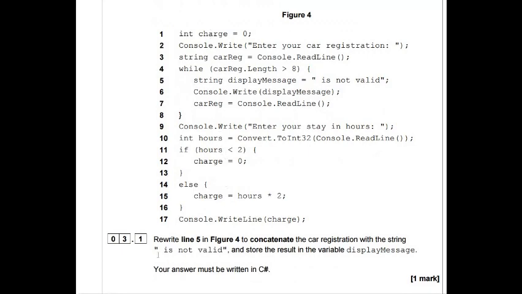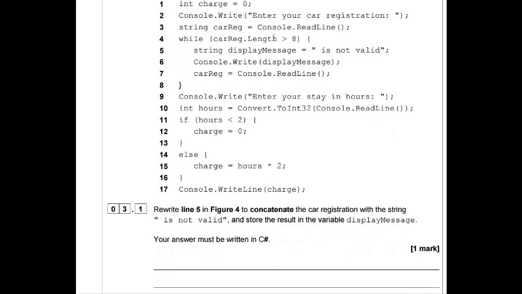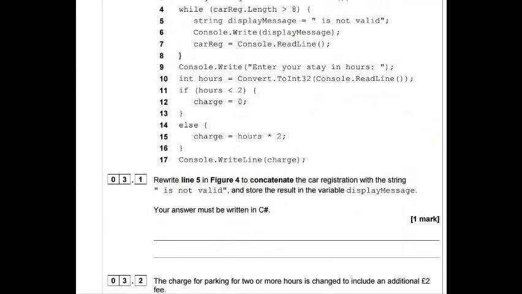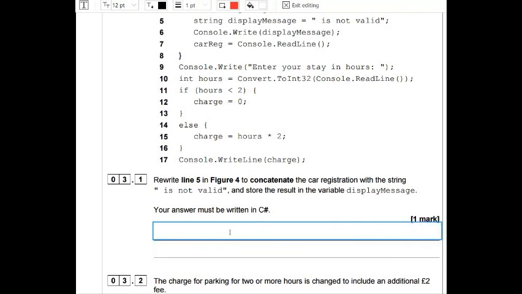So what we need to do here is write line 5, which is this line, where we concatenate the car registration with the string is not valid and store the result in a variable display message. So the way you would do this in C#, it's a pity you're not going to have an IDE when you do this.